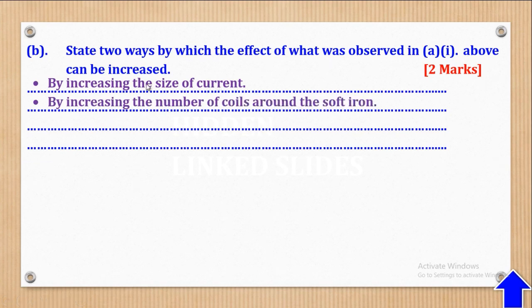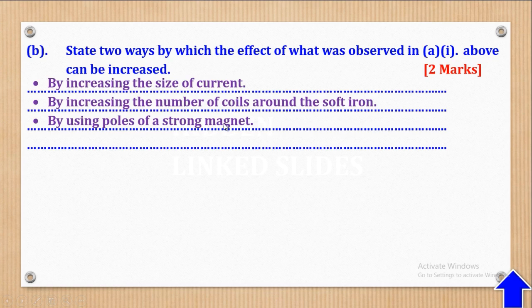You can also say by increasing the number of coils around the soft iron. When you increase the number of coils around the soft iron, it means that a lot of current also passes through the coil, around the soft iron. Then also by using poles of a strong permanent magnet.